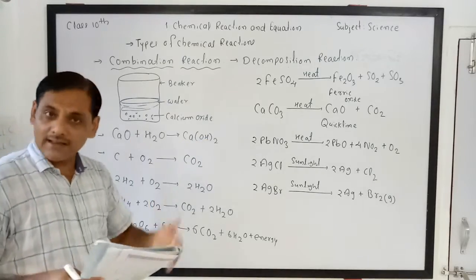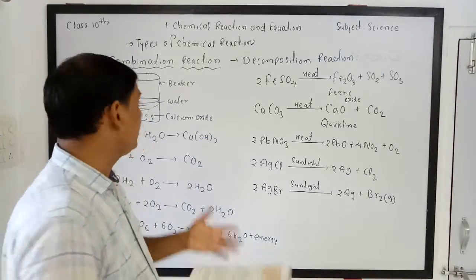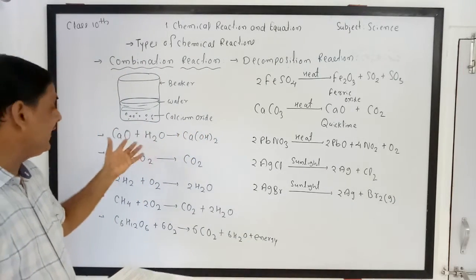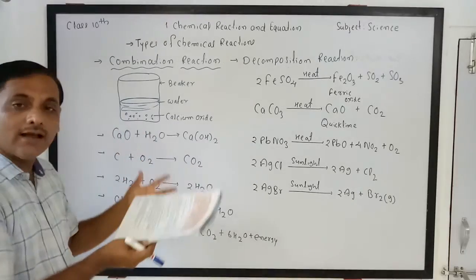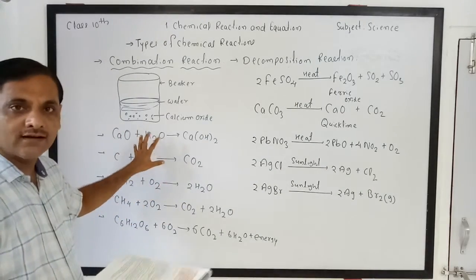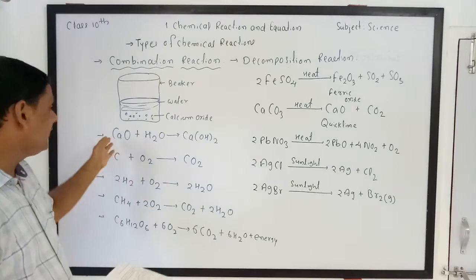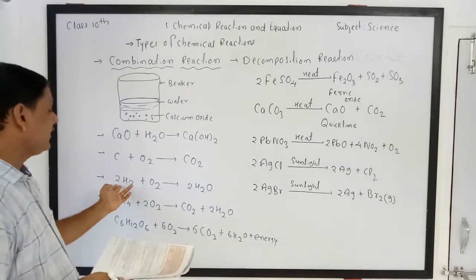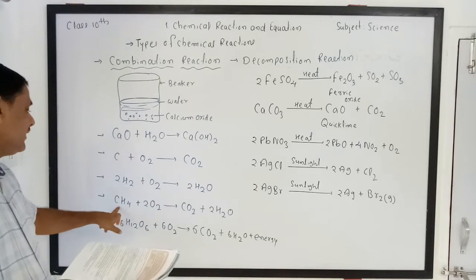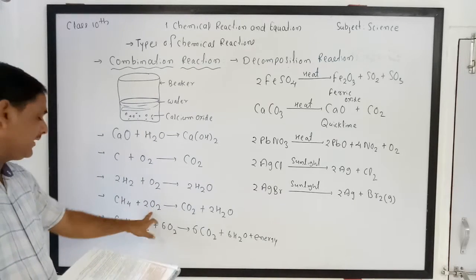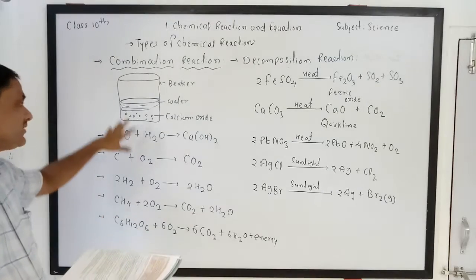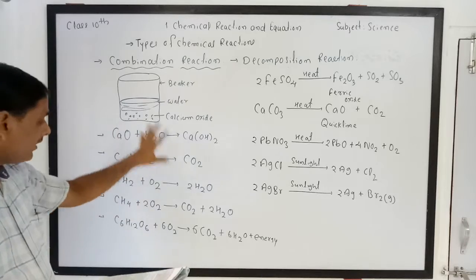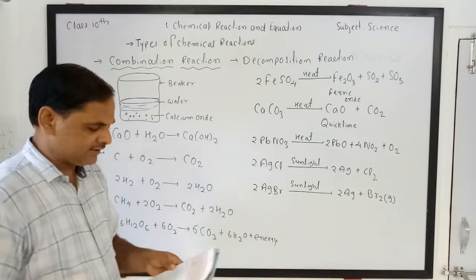In our language, combination reaction means two or more atoms, elements or compounds are combined. Combined means joined. Here calcium oxide and water are combined, carbon and oxygen are combined, H2 and oxygen are combined, CH4 methane and O2 are combined, glucose and oxygen are combined. All these atoms or compounds are combined, so all are examples of combination reaction.